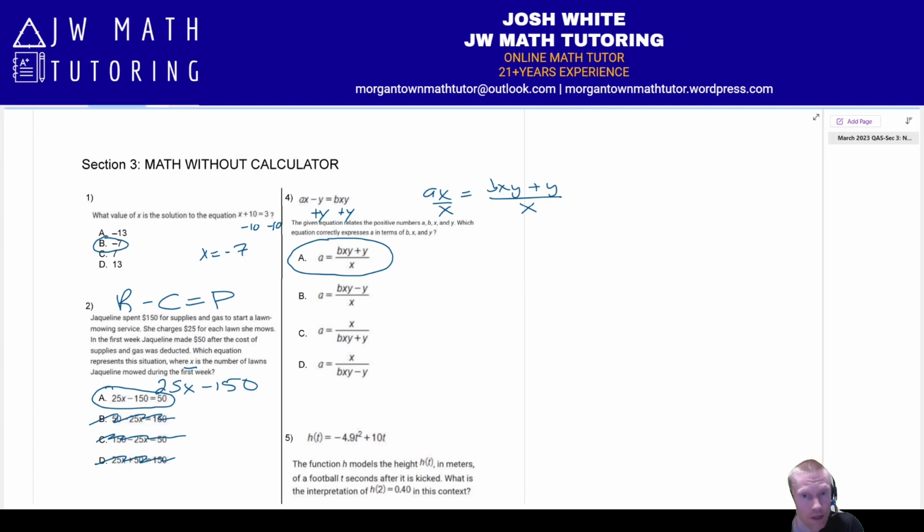Now, an alternate method you could use here is picking numbers. You could choose values basically for a, b, x, and y. Really what you would probably want to do is pick numbers for 3 of the letters and then figure out what the 4th one would be in order to make the original equation true.